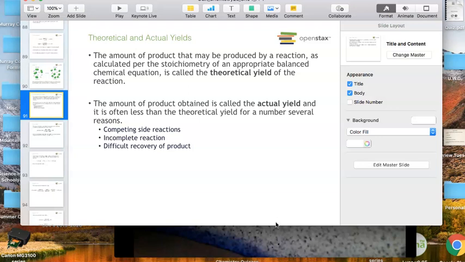It is 32.07. And then for oxygen, there's 4 atoms of it, 16 times 4 is 64. Adding everything together, I get 159.62 grams per mole.